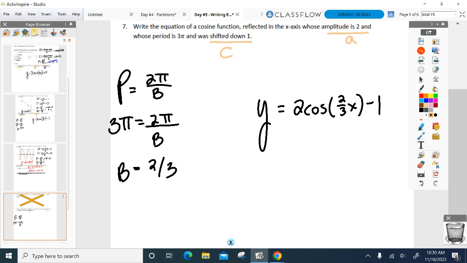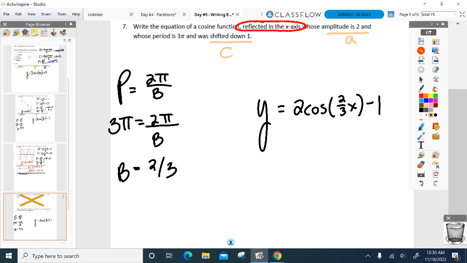Hold on. Remember this little piece at the beginning I just kind of glazed over because I wanted to talk about it at the end. Reflected in the x-axis, meaning it flips over the x-axis. We graphed a ton of these.